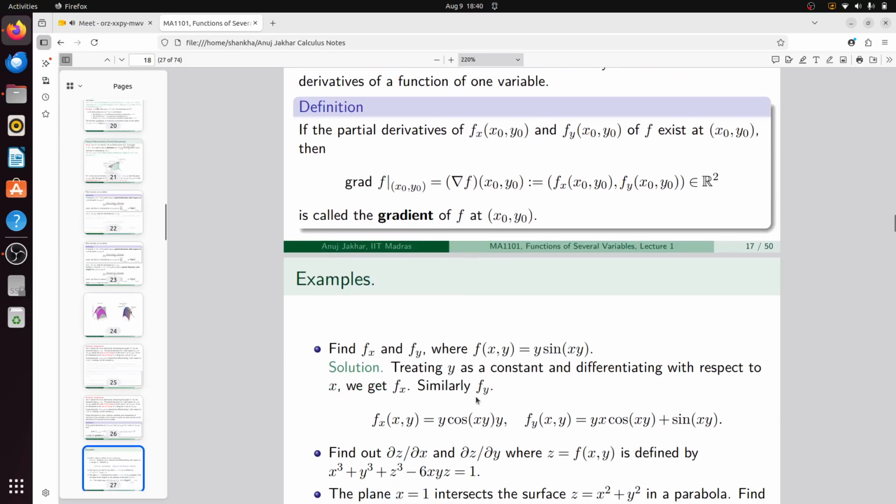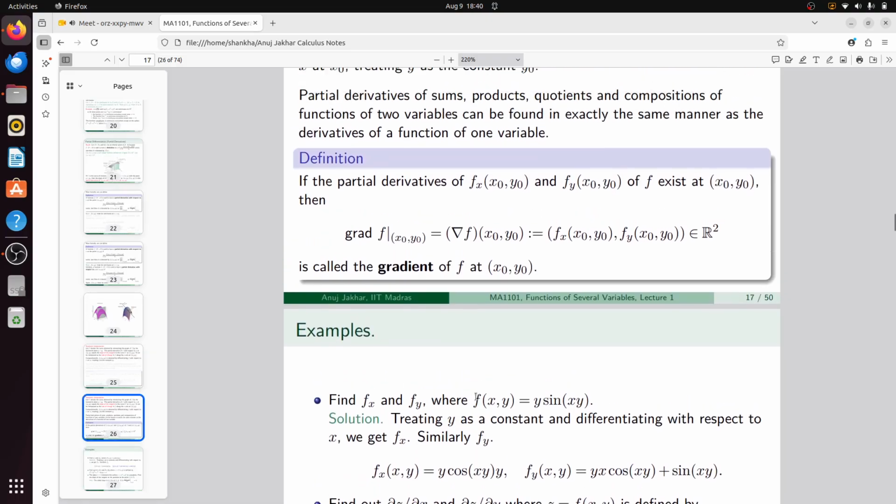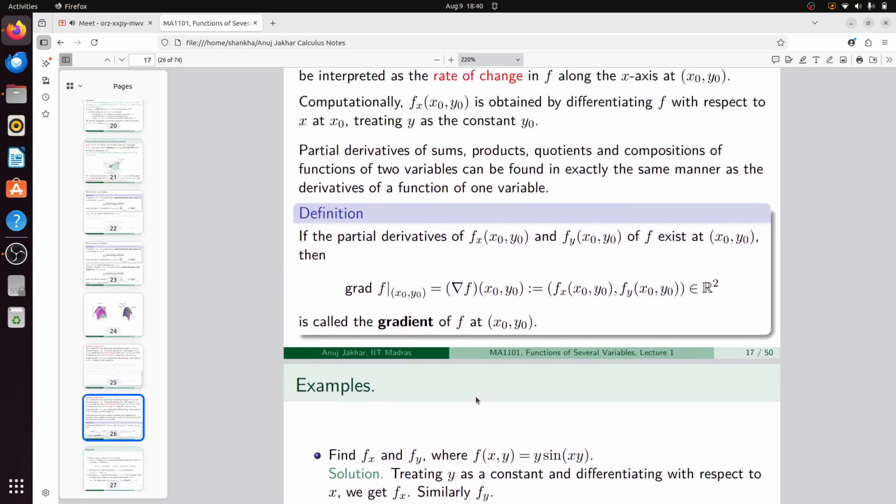Now, an example. Your f(x,y) is y sin(xy). You need to find fx and fy. Please solve it. You have your f, you need to find fx as well as fy.